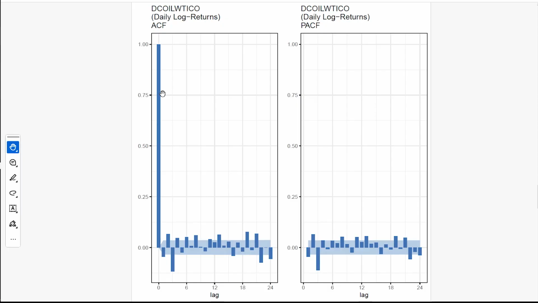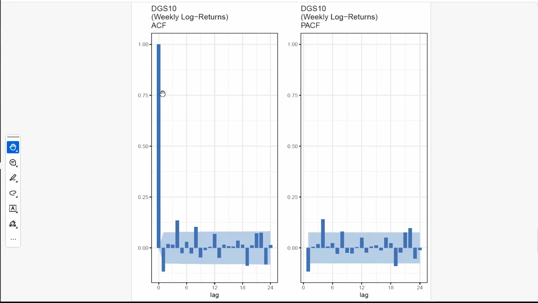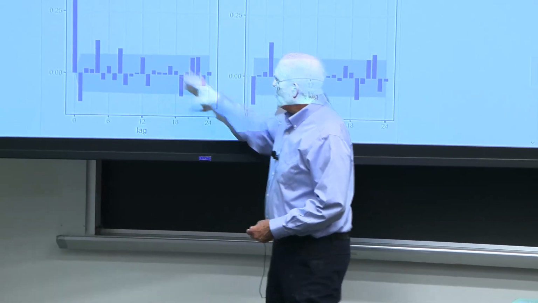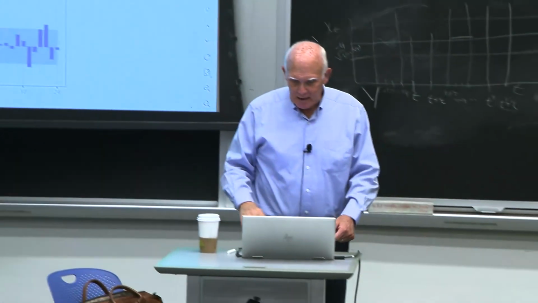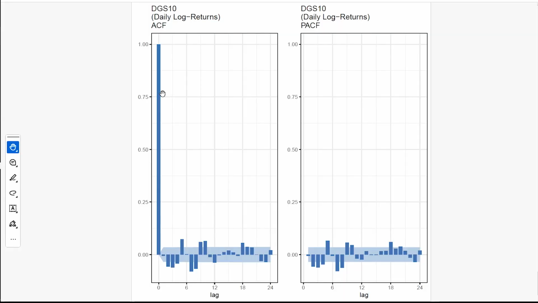Again, one can see the rather significant autocorrelations at the low lag values. And with the Treasury yields, looking at the autocorrelations of the log yield changes, one can see that there is some strong time dependence on the weekly basis as well as the daily basis.